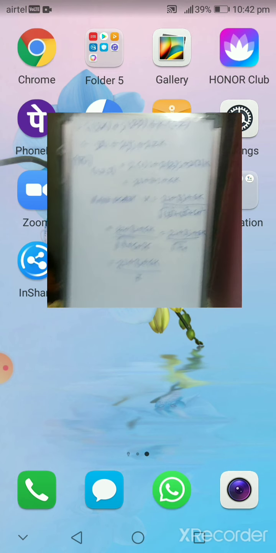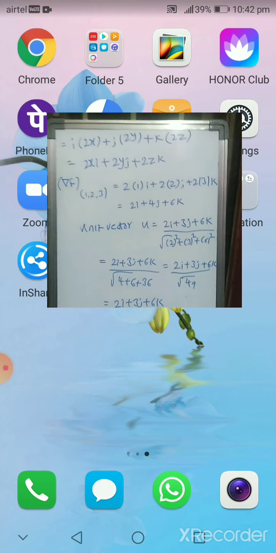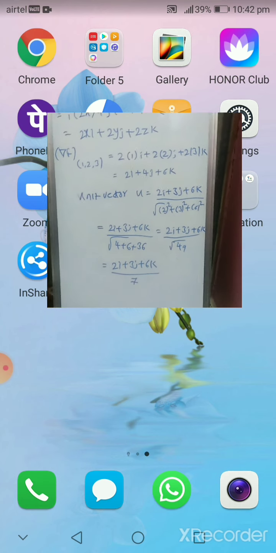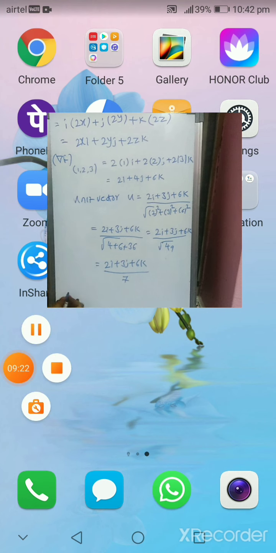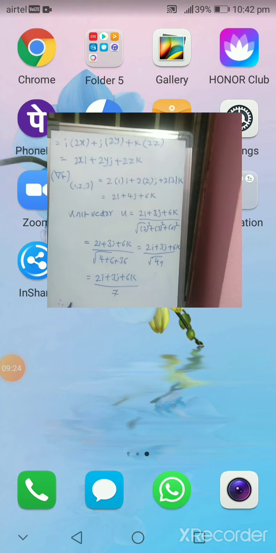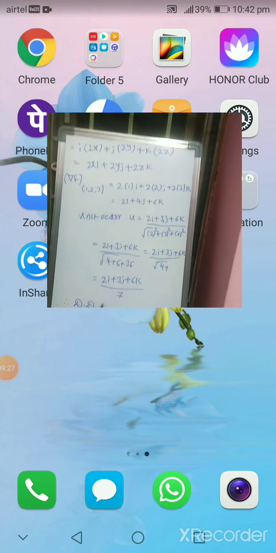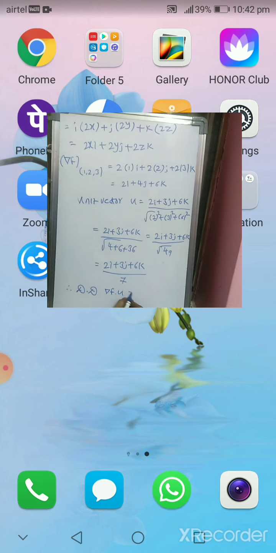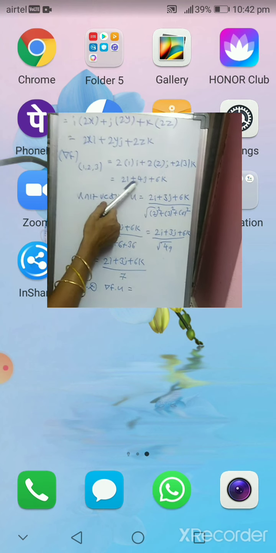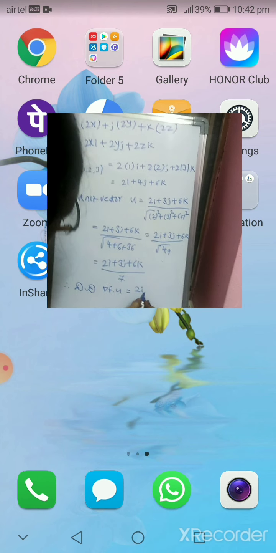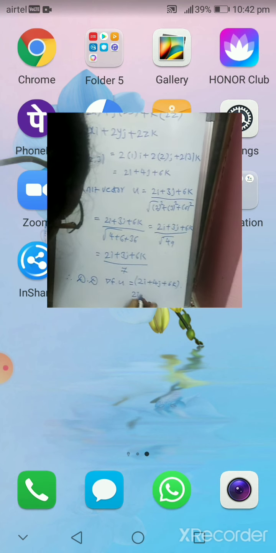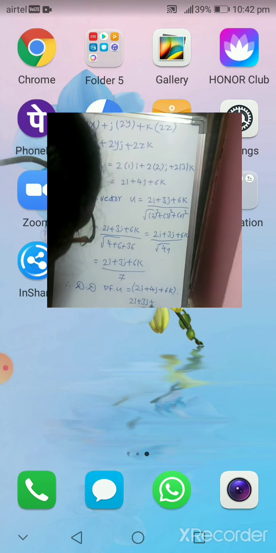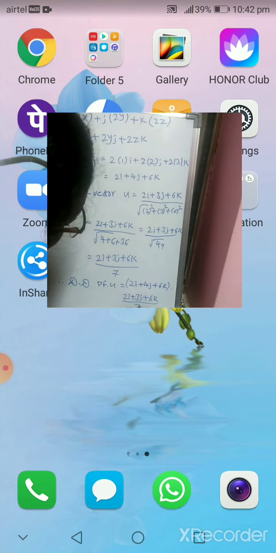So we find the directional derivative. The directional derivative is grad f dot u. Here grad f is 2i plus 4j plus 6k, dot 2i plus 3j plus 6k by 7.